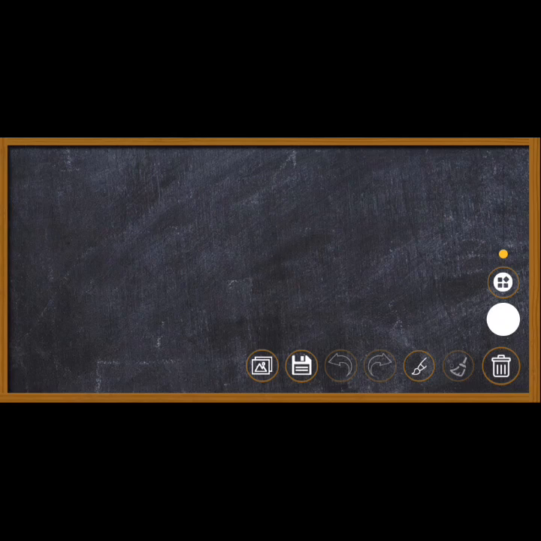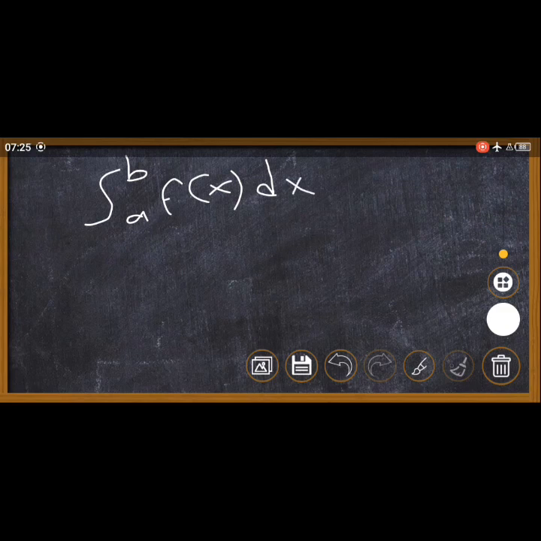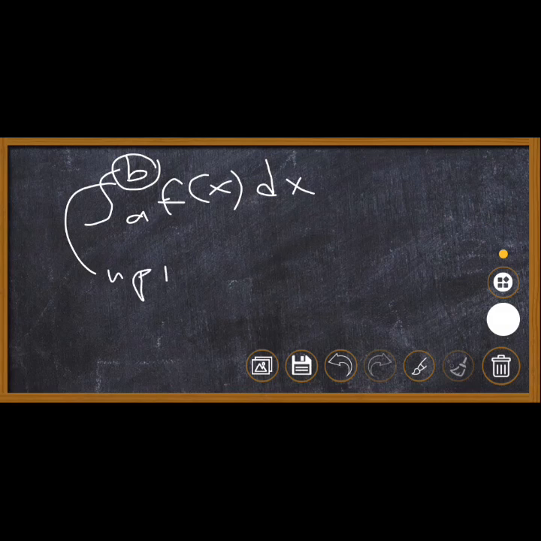This is written in the form of the integral with the given limits, let's say a and b, of the function, let's say f of x with respect to dx. Now, b is known as the upper limit, whilst a is known as the lower limit. So you'll be given certain values for a and b.